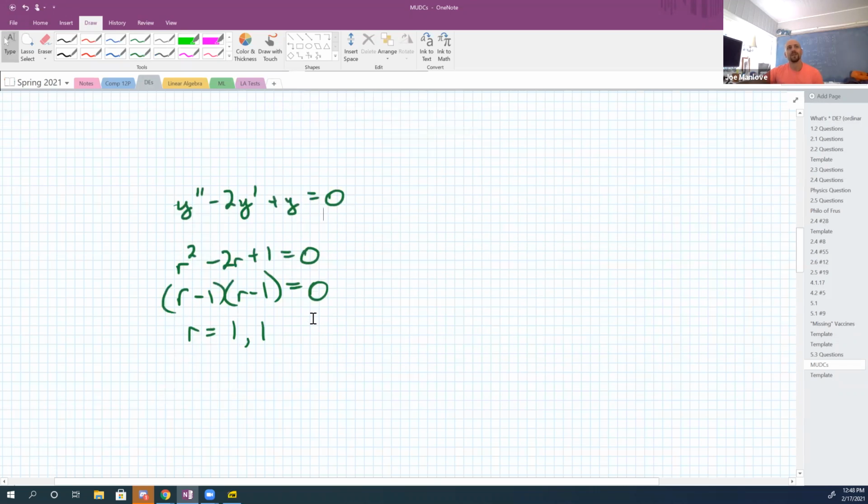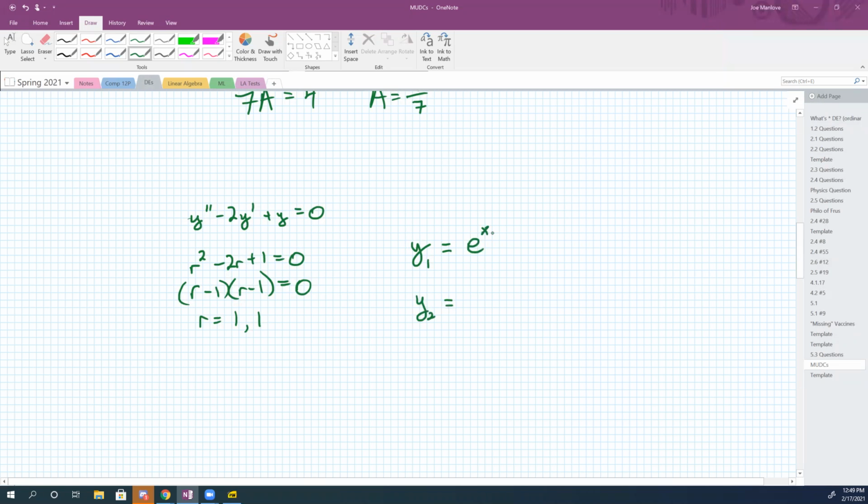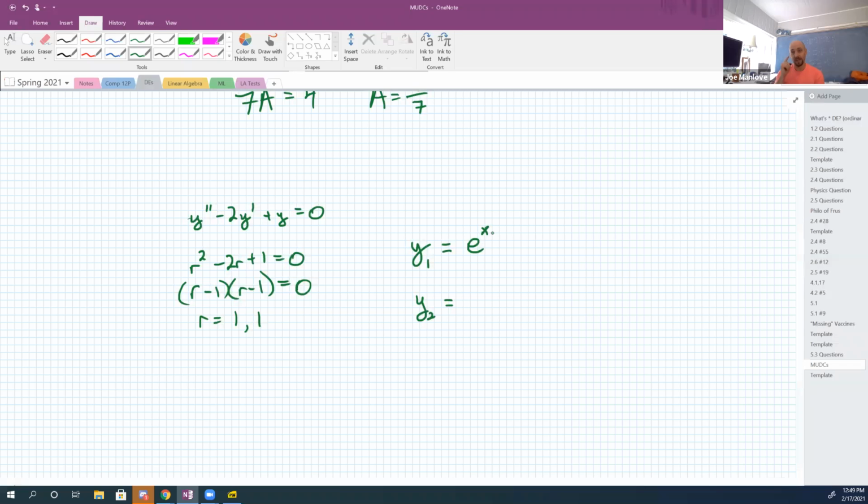Okay. So what are the two solutions for that? Got r is 1 and 1. So what does that mean our y1 and y2 are? So y1 should just be e to the x, right? And y2 also be e to the x, except that doesn't work because then it's the same as y1, and then I really only have one constant, right?